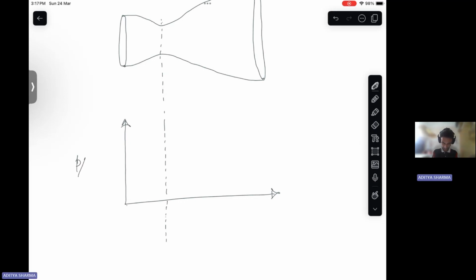So this is static pressure by total pressure, right? Let me draw first and then I'll discuss.